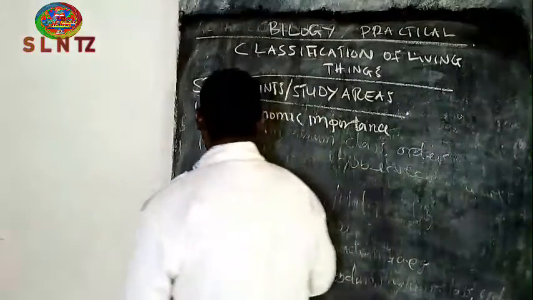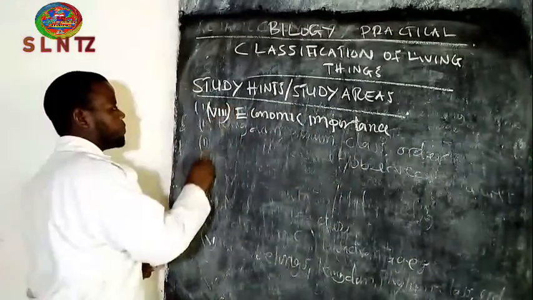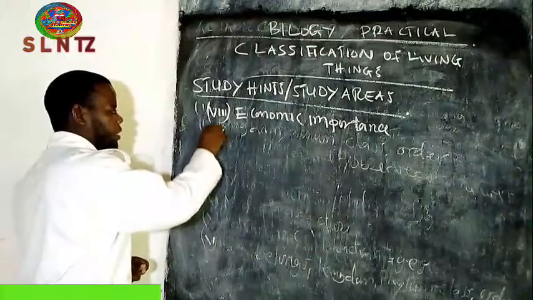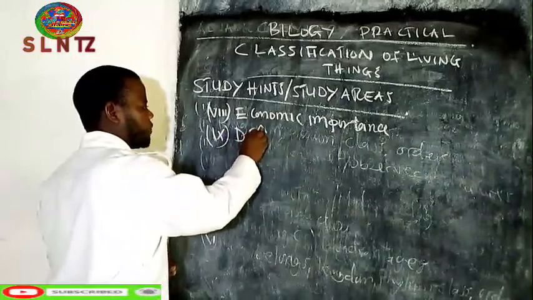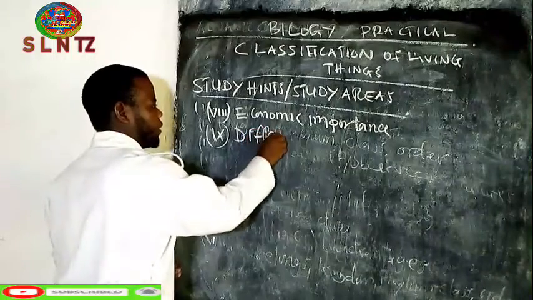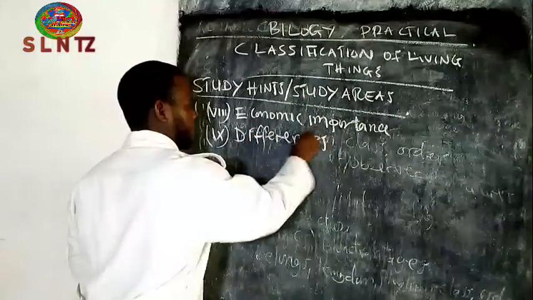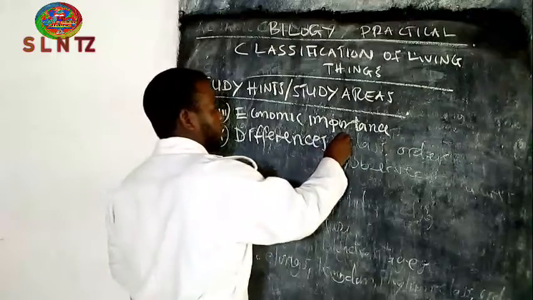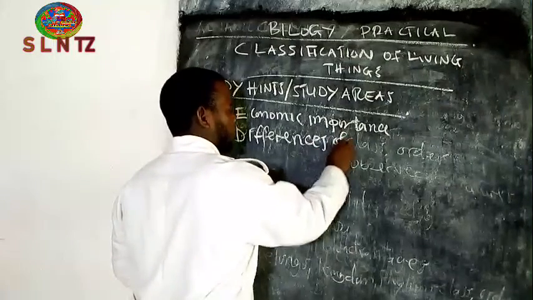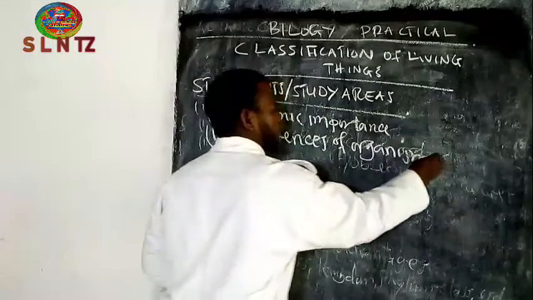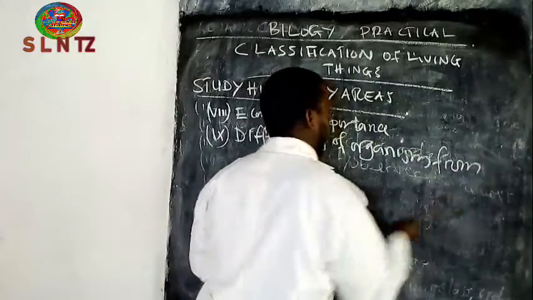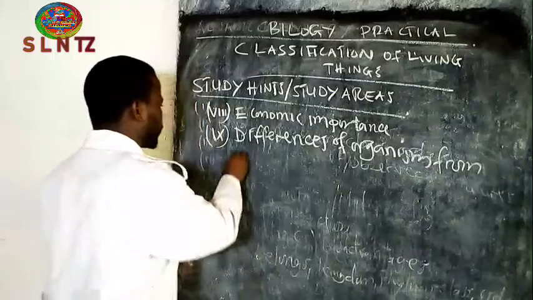That is number 8. But number 9, you have to study the differences of the organism from other organisms.